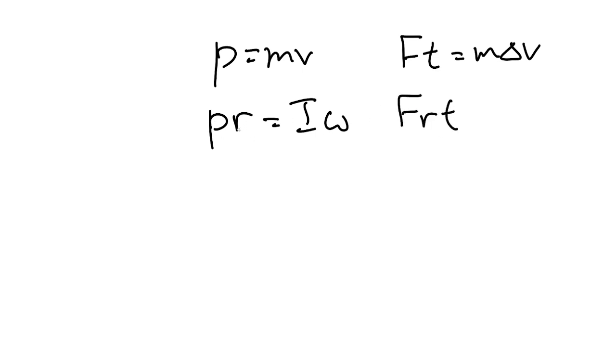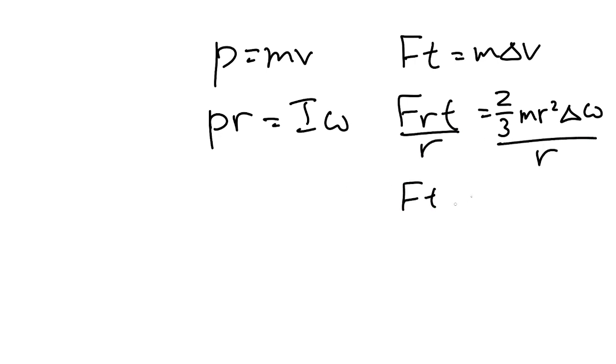And for this, we have FtR, because it's our impulse times radius, equal to our moment of inertia. This is a hollow sphere, so our moment of inertia is going to be 2 over 3 m r squared times the change in our angular velocity. There's a critical point in time where both of these must be equal, so we divide both sides by r.